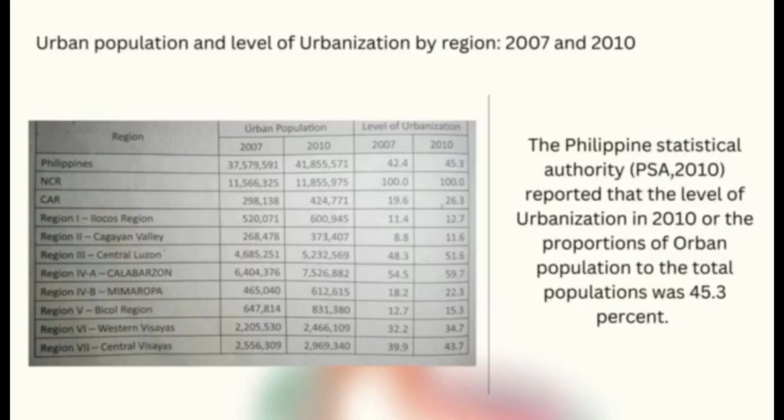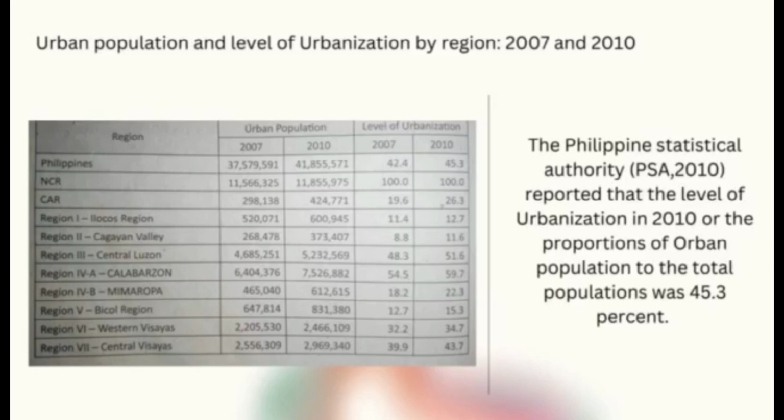This means that of the 92.3 million population in the Philippines in 2010, 41.9 million live in areas classified as urban. The rural population, or those who live in areas classified as rural, numbered 50.5 million and accounted for 54.7% of the total population.